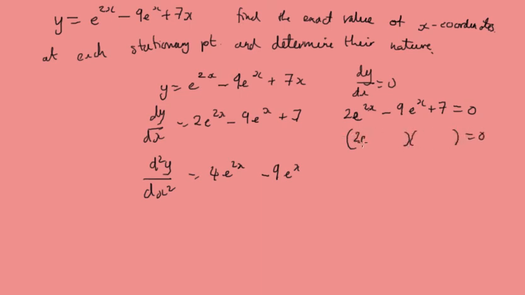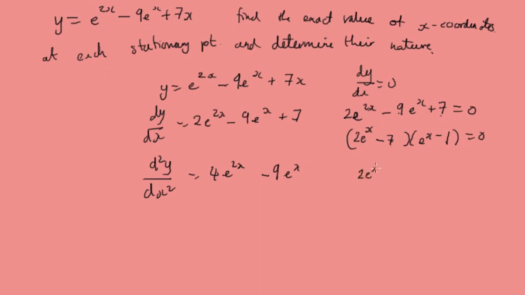So we'll have 2e to the x and e to the x, and then this is minus 9, so this will be minus 7 and minus 1, and 2 plus 7 is 9, and well, minuses.